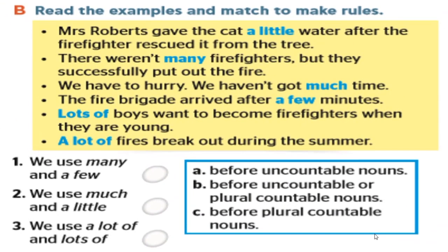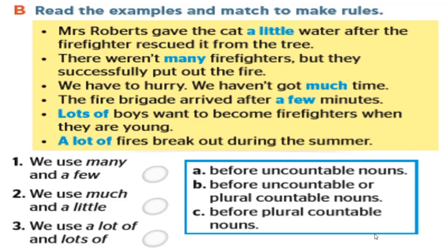Now, look at your student's book, page 99, exercise B. Read the examples and match to make rules. Mr. Roberts gave the cat a little water after the firefighters rescued it from the tree.